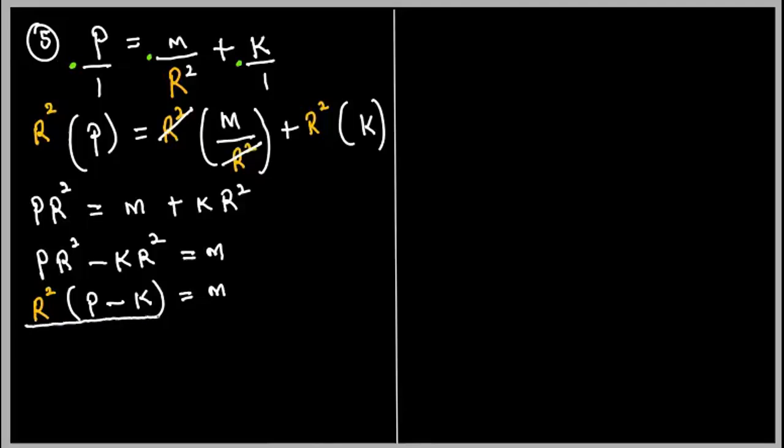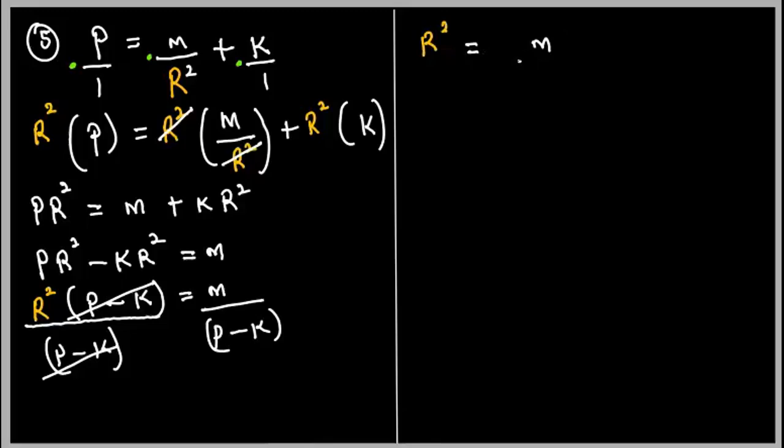By dividing both sides by P minus k, so that P minus k will cancel out here, and then we have r squared equal to n over P minus k. So we are almost done.